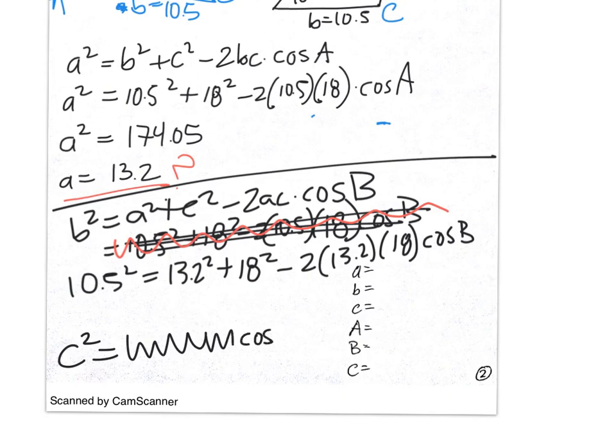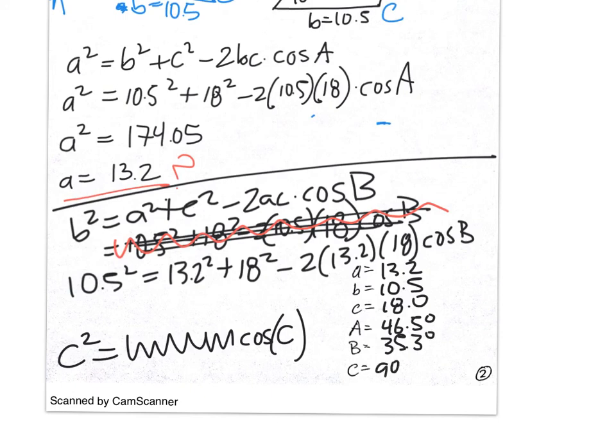We're going to have cosine of angle C, and the answers we should end up with are 13.2 for a, 10.5 for b, 18.0 for c, 46.5 degrees for A, 35.3 degrees for B, and 98.2 degrees for C.